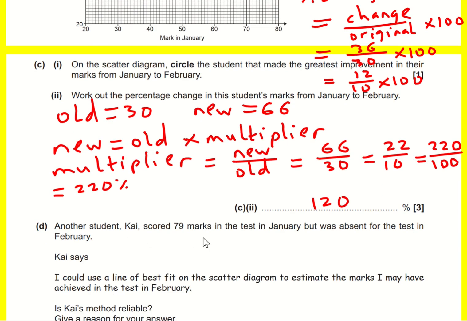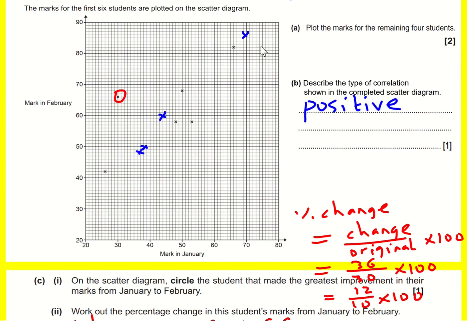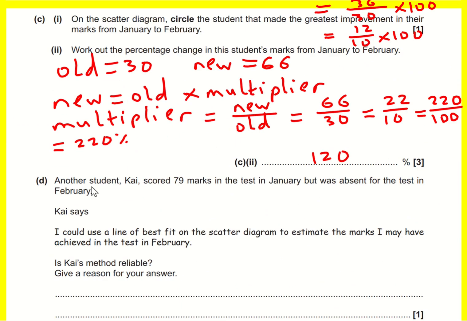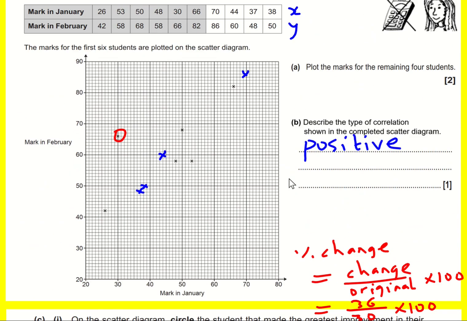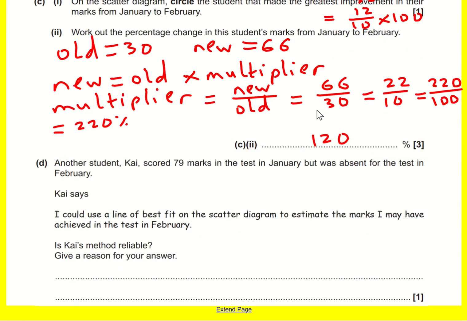Another student scores 79 in the test in January. So up here, it was absent. Kai says I could use a line of best fit to estimate it. Is the method reliable? Well, because we're here, we're actually outside the data range, and therefore it's not considered reliable.